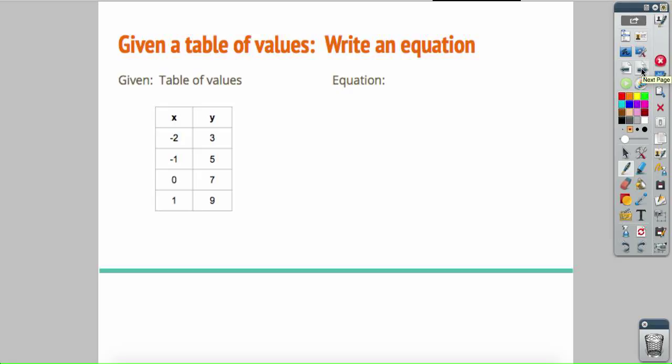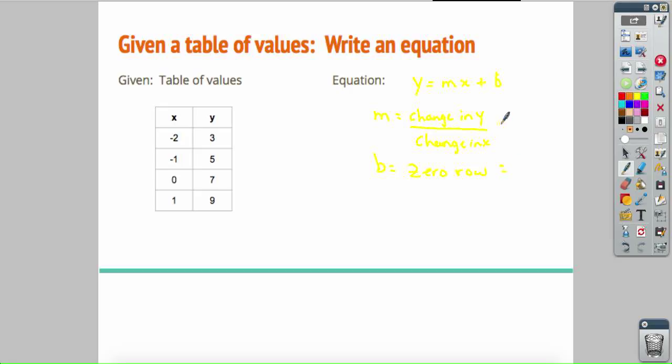This time we're looking at a table of values and we want to write an equation. So remember that our equation is y equals mx plus b, and we know that m is going to be our change in y over our change in x, and we can gather this information right from our table, and we know that b is going to be our 0 row.